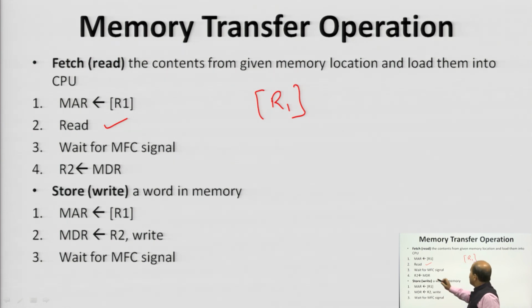Meanwhile, the wait for memory function complete signal will be issued. The MFC signal means memory function complete. So, during the fetch operation this signal will be issued, and after a few clock cycles, when the fetch operation is over, the data from memory will be transferred to MDR.